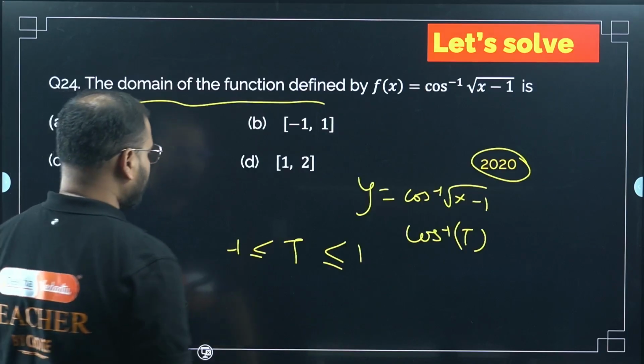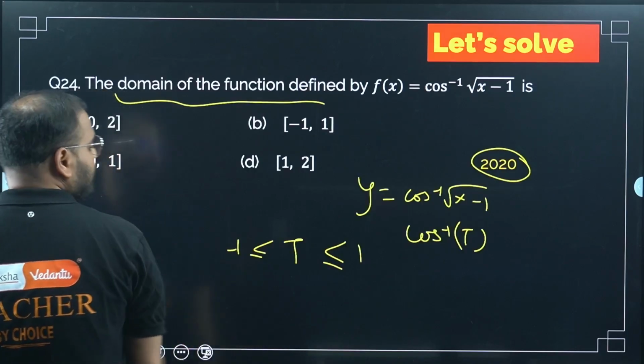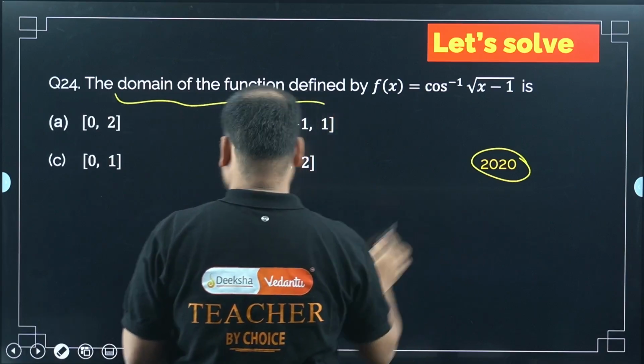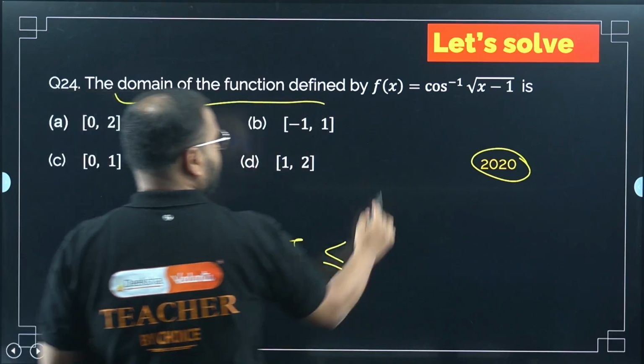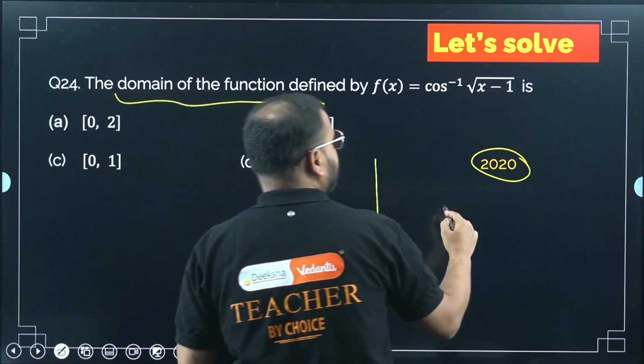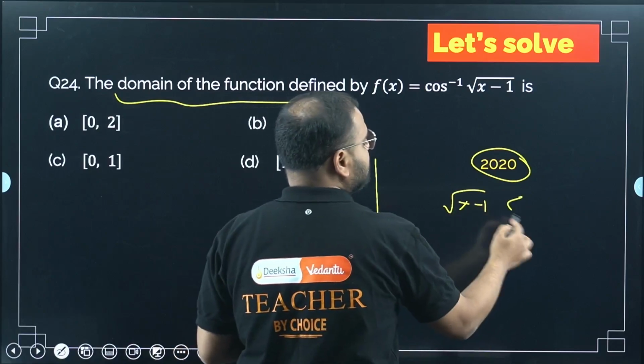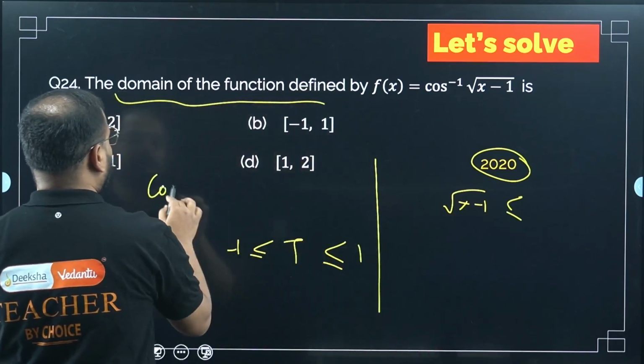So basically, I can rewrite this as root of x minus 1, which is nothing but my t, will lie in between minus 1 to 1. This is what I am writing for cos inverse of t.